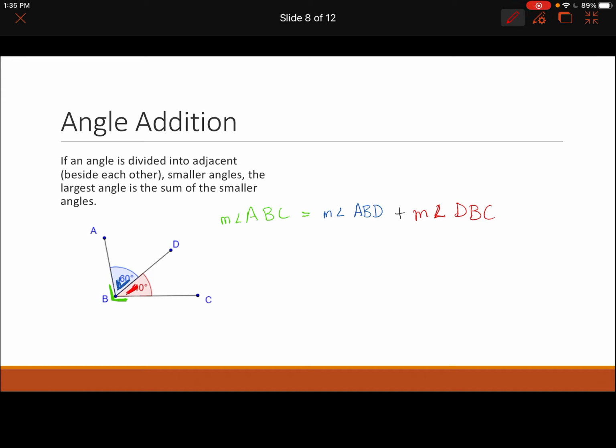So if we take the 2 small angles and add them together, we should get the larger angle.